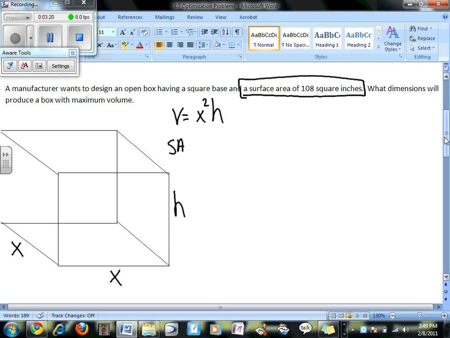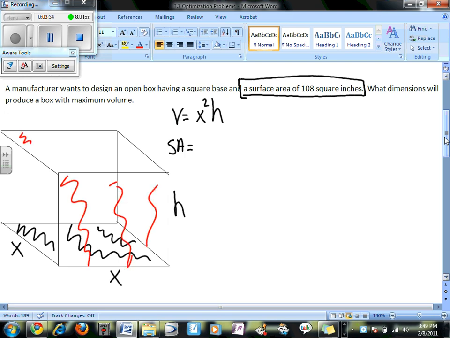To find surface area, you find the area of every side of the box and add them together. So I'll find the area of the bottom, then the area of the front side, then the area of the back side, and then the area of the left and the right side as well. That'll give us our surface area.